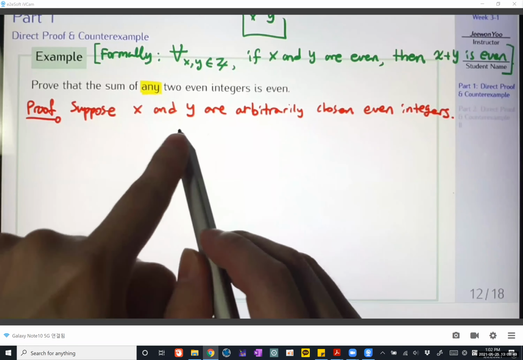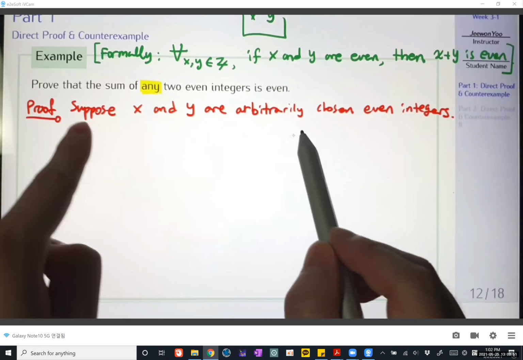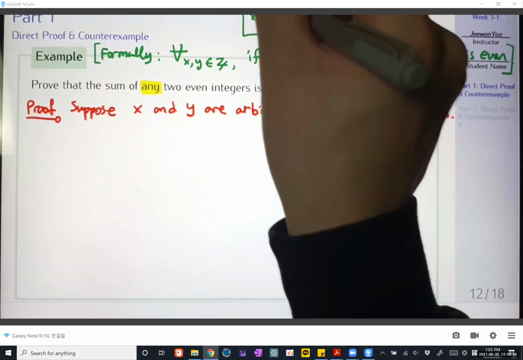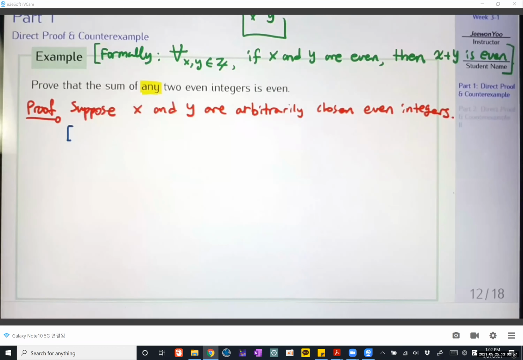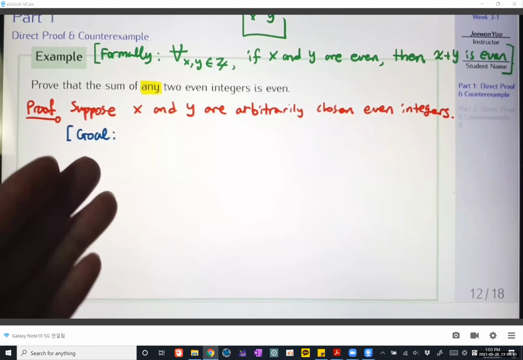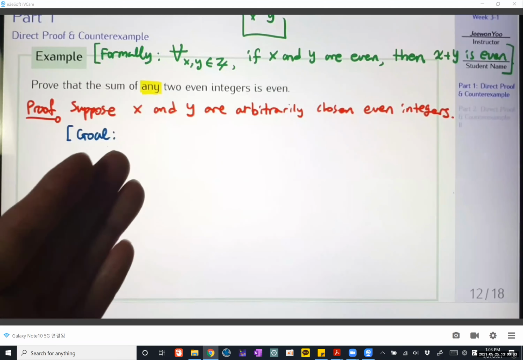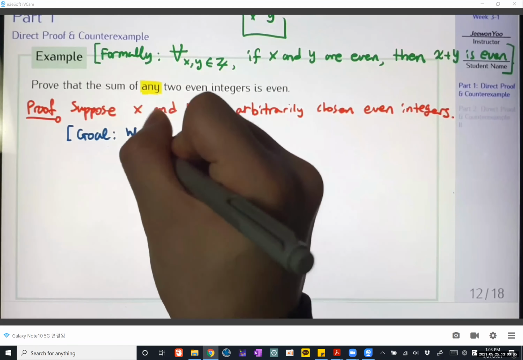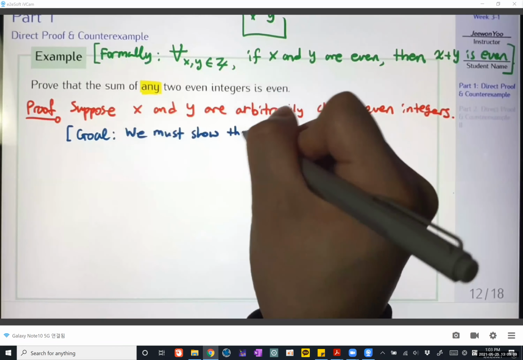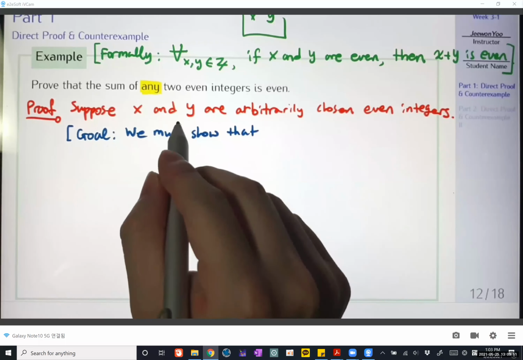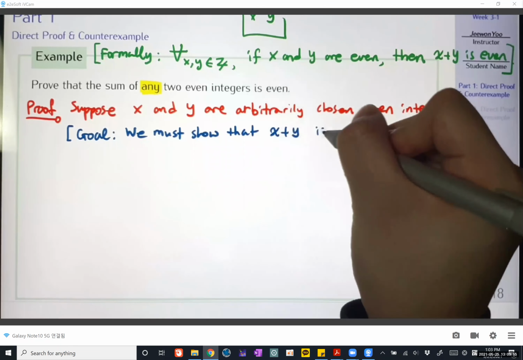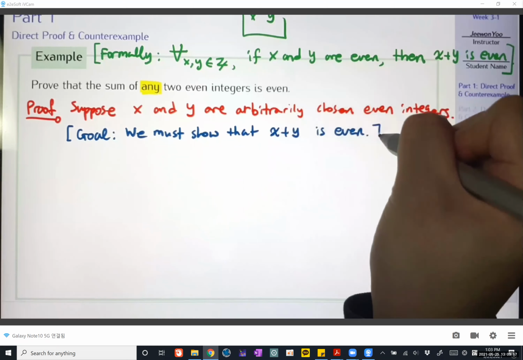In other words, what's my goal? My goal is to show that the sum of two even integers is even. So in blue, this is just my personal preference. Goal: we must show that the sum of two even integers, x plus y, is even. So there you go.